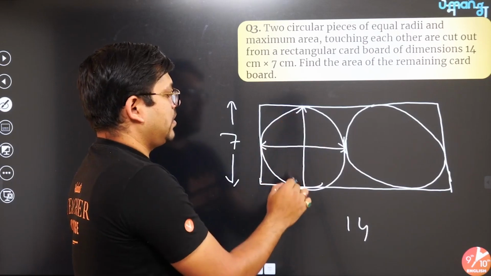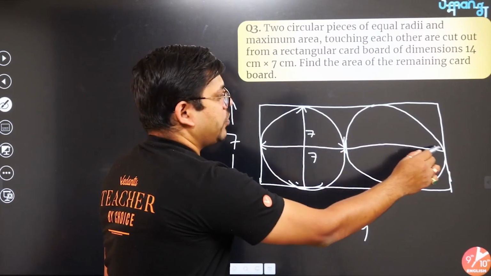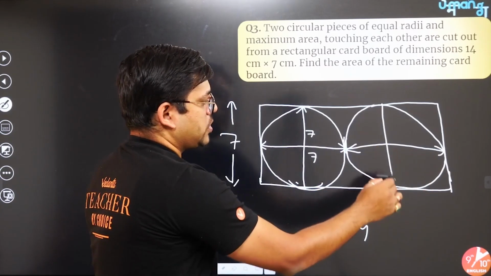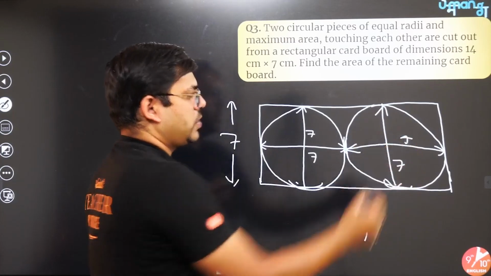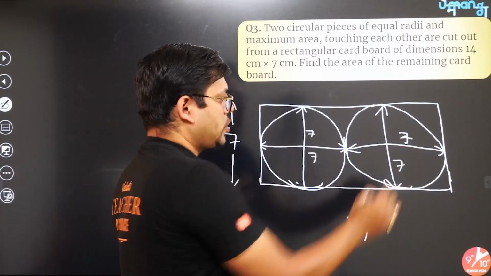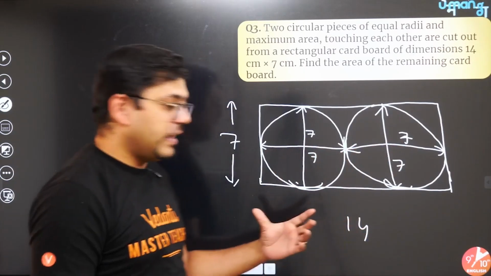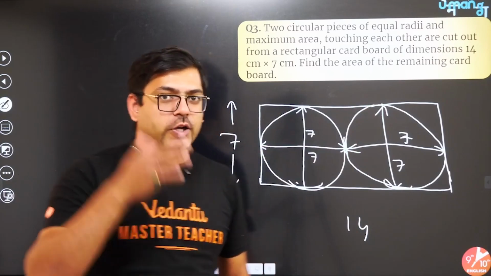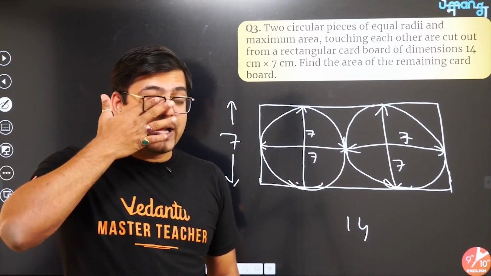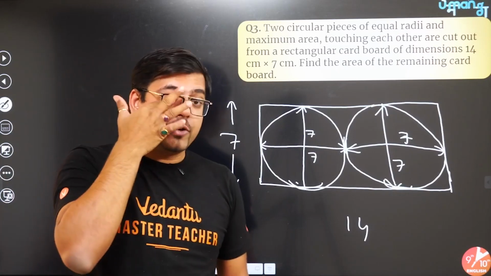We got 14 centimeter as the total length, and the breadth is 7, so the diameter is 7 and we got the two circles. Now the question says that you have to find the area of the remaining cardboard. The area of the remaining cardboard is pretty easy.